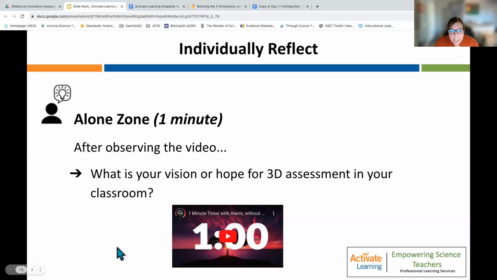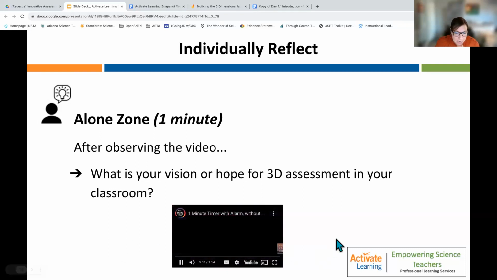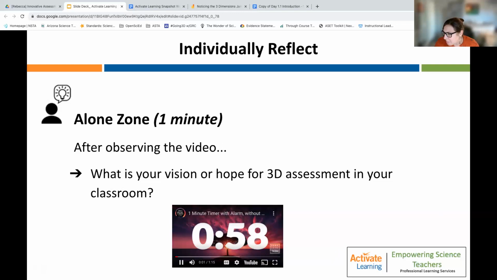What is your vision or hope for 3D assessment in your classroom? And I'll give you 1 minute of think time. Jot down some ideas. And you are not sharing, just think about this. Keep your vision in mind as we go forward in assessment.